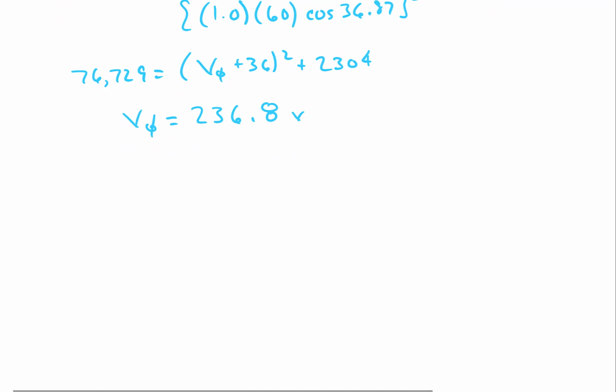And now we know the generator is Y connected, so Vt, the terminal voltage, which is what we were asked for, is equal to root 3 V phi. So the terminal voltage when the generator is loaded under this condition would be 410 volts.